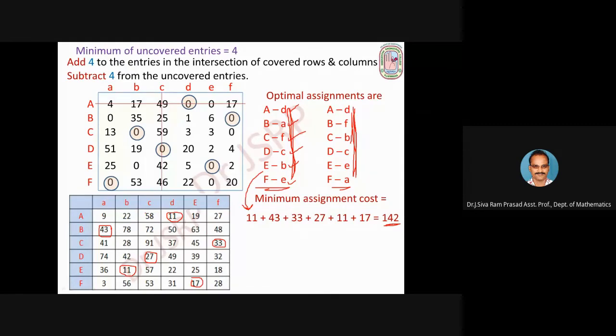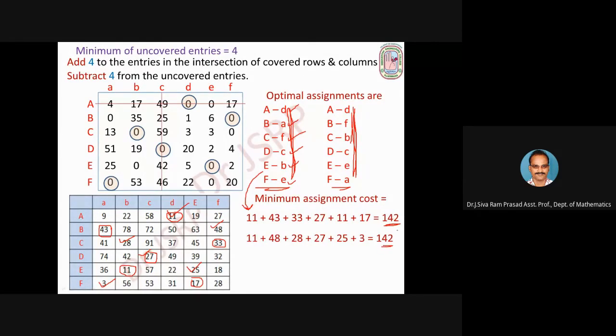A to D, same, this is 11, plus B to F, this is 48, C to B, this is 28, D to C fixed, this is 27, E to E, 25, and F to A, 3. So 11 plus 48 plus 28 plus 27 plus 25 plus 3, this is also 142.